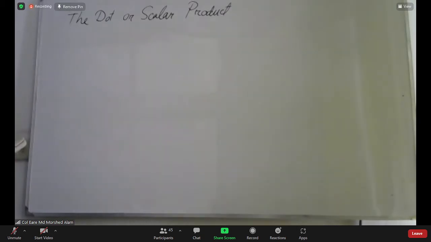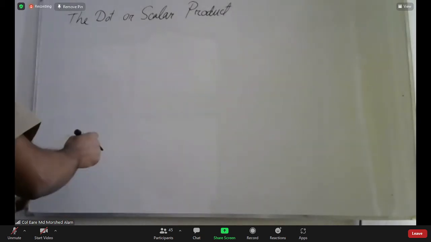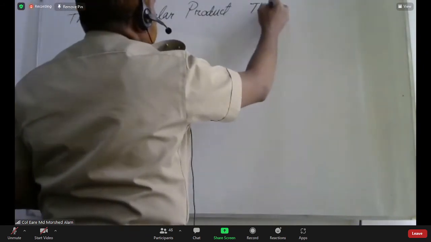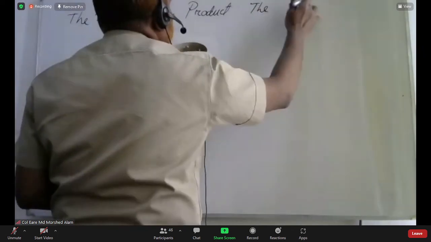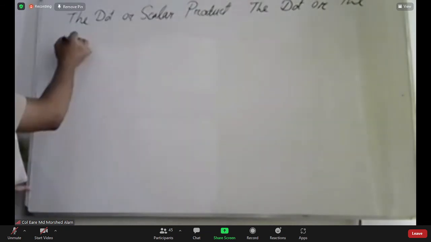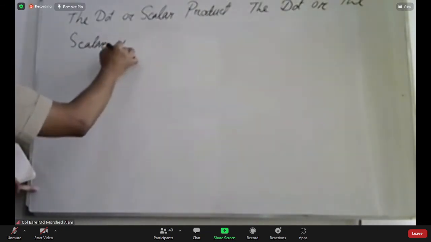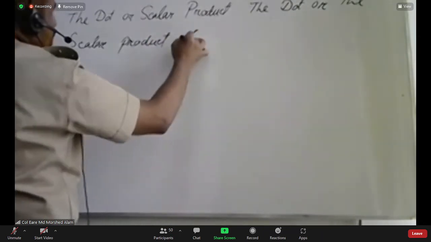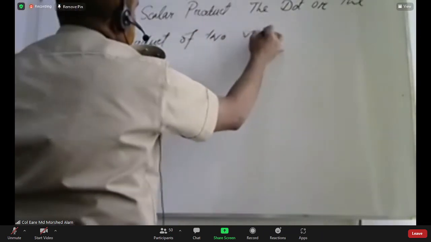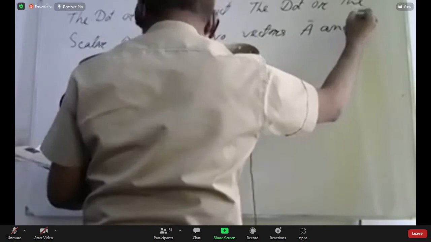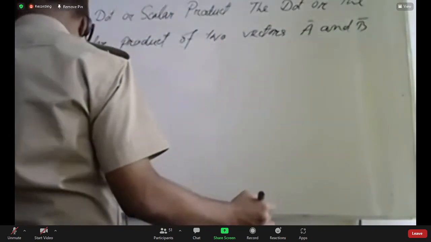The dot or the scalar product of two vectors A and B. How is it denoted?